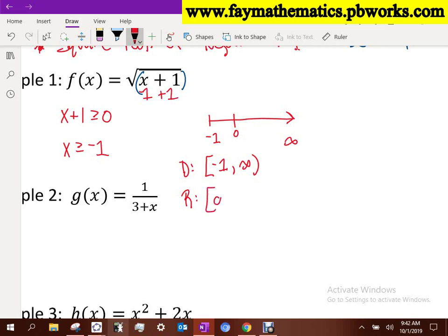Okay, and then as I plug in values that are to the right of that, if I plug in like 99, don't I get 10 back? That make sense? If I plug in 9,999, don't I get 100 back? Okay? So what we'll see here is that the range actually goes to infinity.